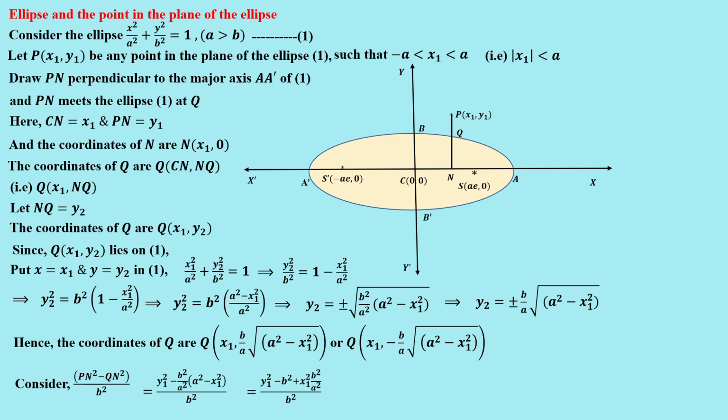Qn value is b by a root of a square minus x1 square by b square. So y1 square by b square minus b square by b square plus x1 square into b square by a square b square. So x1 square by a square plus y1 square by b square minus 1.